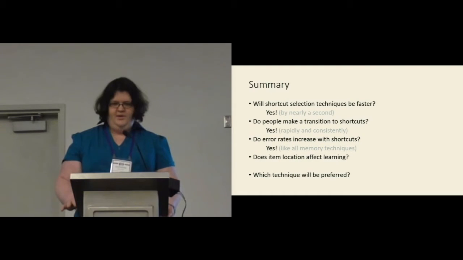Errors were more common when there was a shortcut method. There was about a 5% error rate for shortcut methods rather than less than 1% for the ones that required a visual search every time. But it's worth noting that even in currently existing interfaces that have expert shortcuts, errors are more frequent for those as well. But these are still commonplace interactions and are well liked.